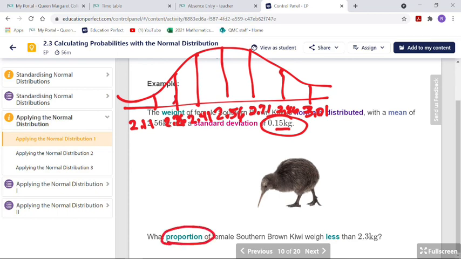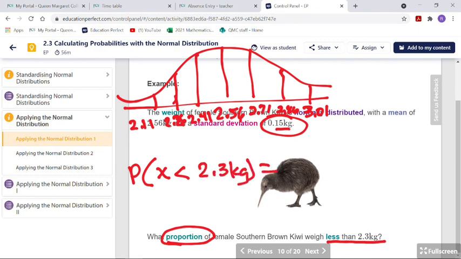We want to know what proportion, which is just another way of saying probability, of the southern kiwi weigh less than 2.3 kgs. So you see why you need your numbers on your chart. Otherwise, you're not going to know where that's going to be. So we want the probability that X is less than 2.3 kgs. You still need your probability statements.